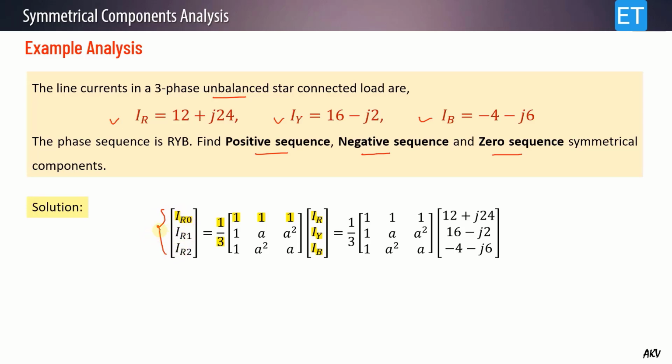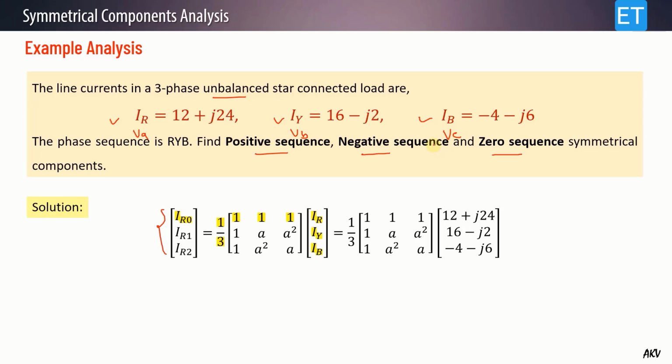In my previous theoretical part, I have taken VA0, VA1 and VA2. So instead of A here I'm using R. You can assume that this is VA, this is similar to VB and this is similar to VC.